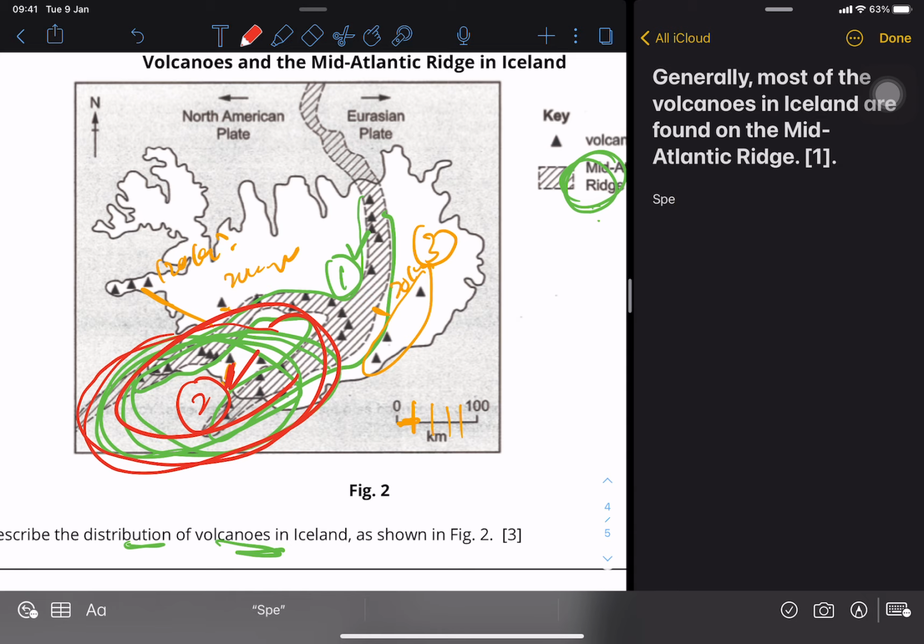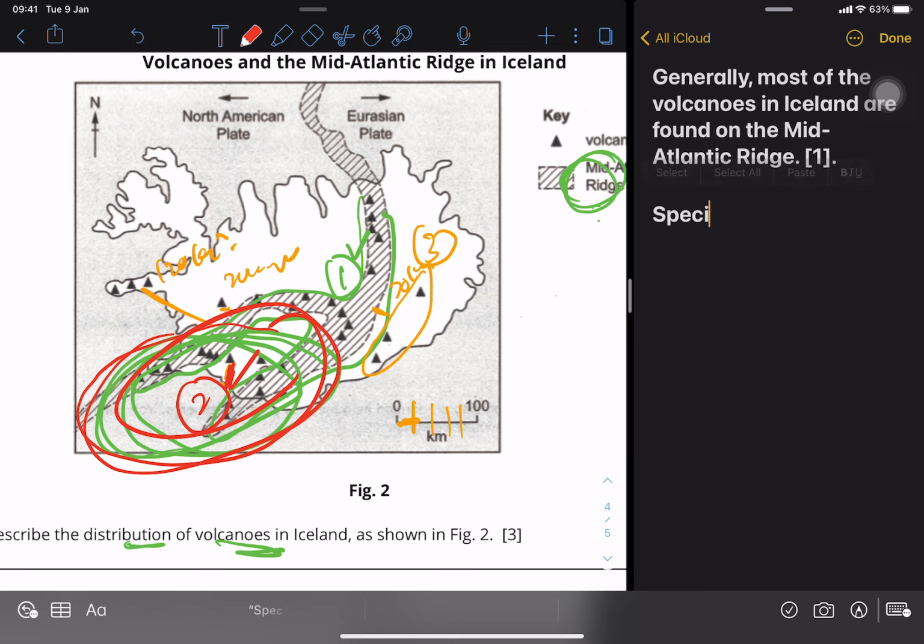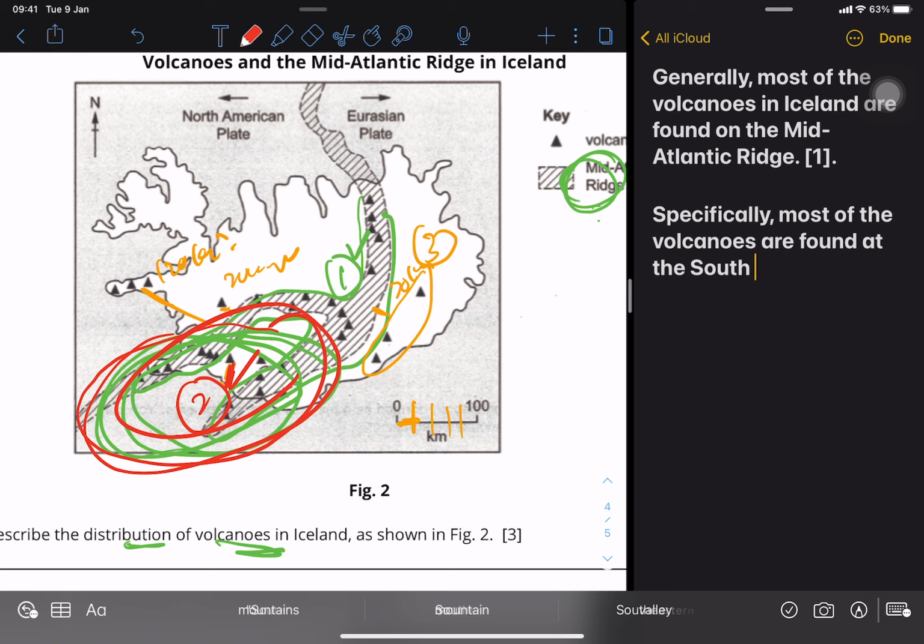Specifically, again, let me continue. Most of the volcanoes are found at the southwest part of the island.